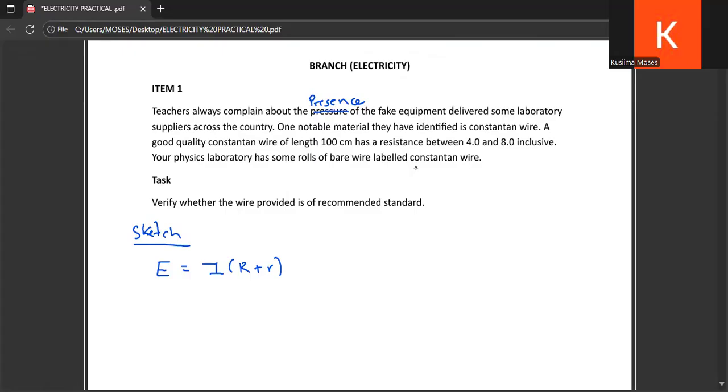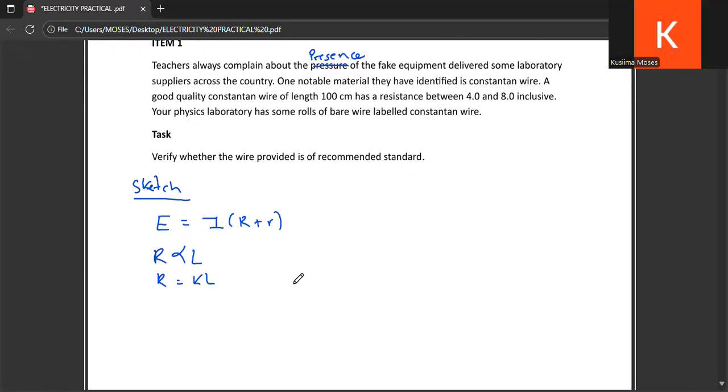But remember, from the factors affecting resistance, R is directly proportional to L. So R = KL, where K is the resistance per centimeter. So E = I(KL + r). So now E = IKL + Ir.